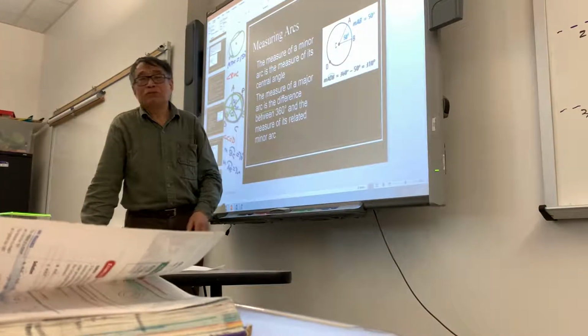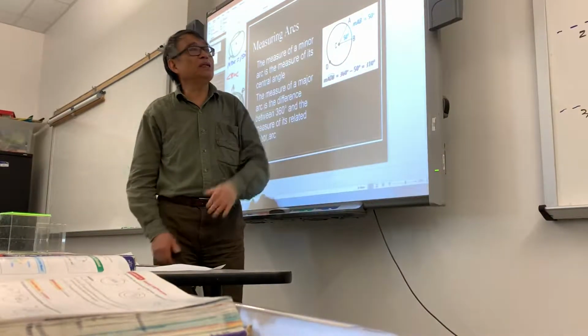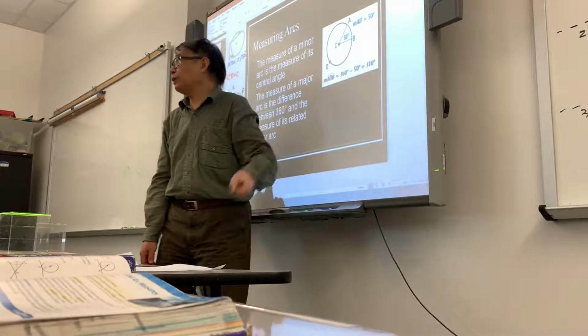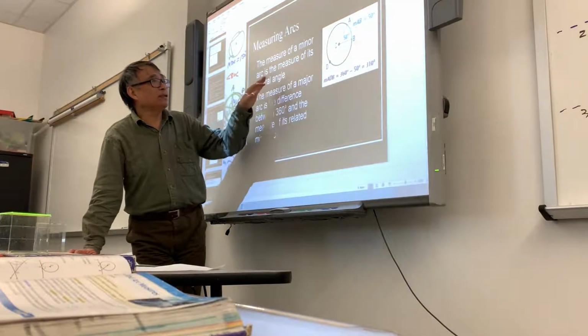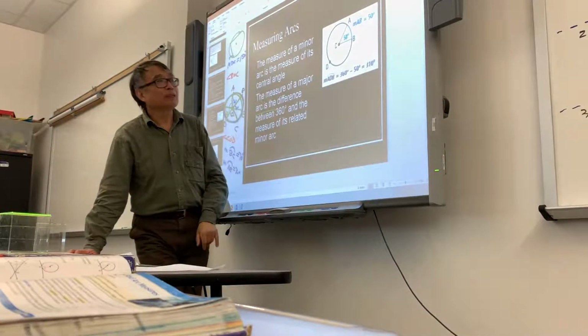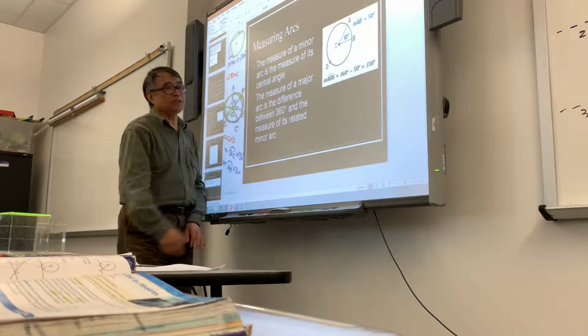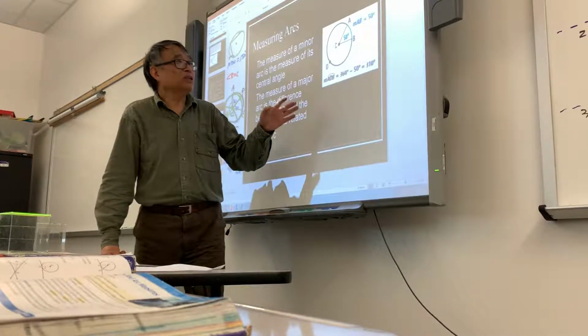Measuring arcs. For instance, if angle ACB is 50 degrees, the arc AB should be 50 degrees. So minor arc is the measure of its central angle. And the measure of a major arc is the difference between 360 and the measure of its related minor arc.